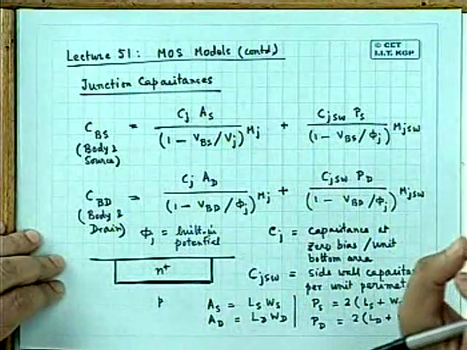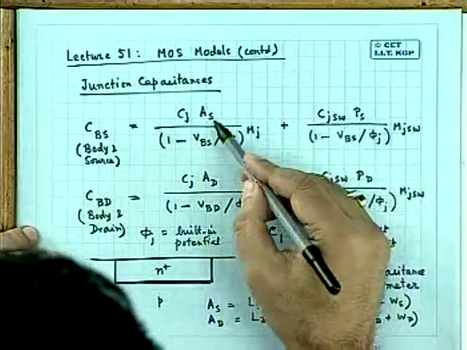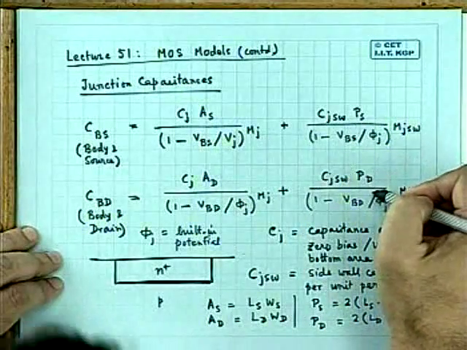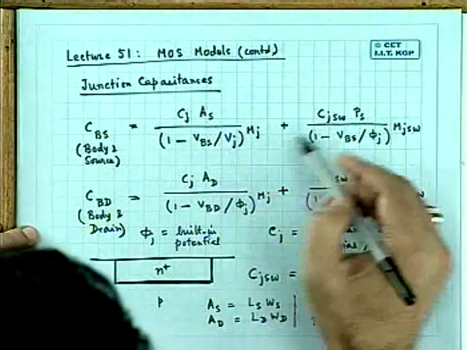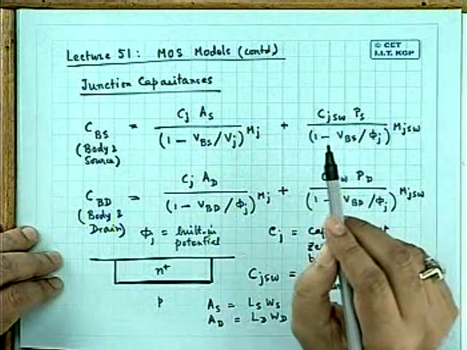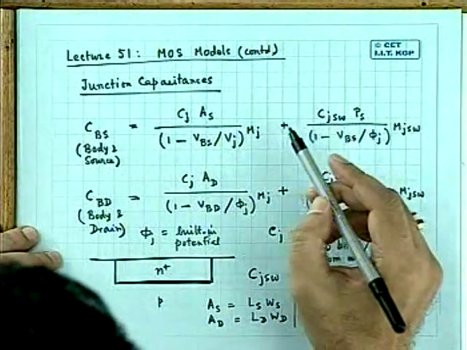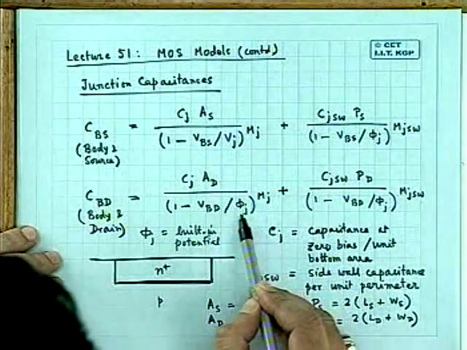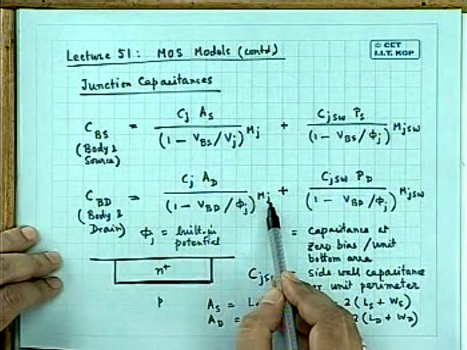Inputs to be provided: one is the geometrical input, AS, AD, PS, PD. Then the capacitances Cj, CJSW, etc., you have to give the values, and also you have to give the values for phi j and MJ.